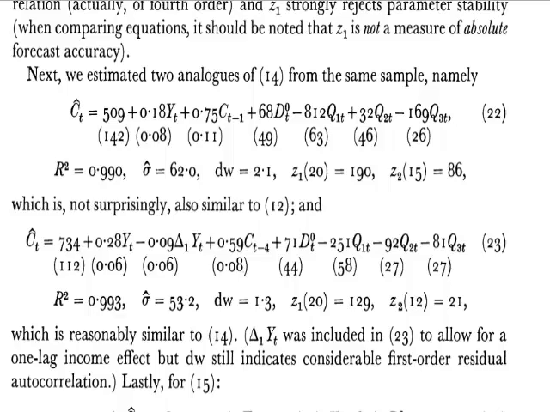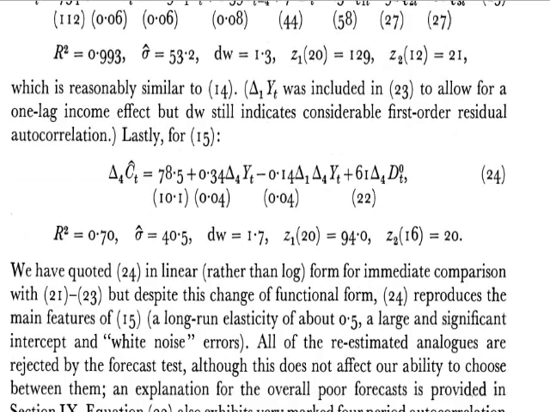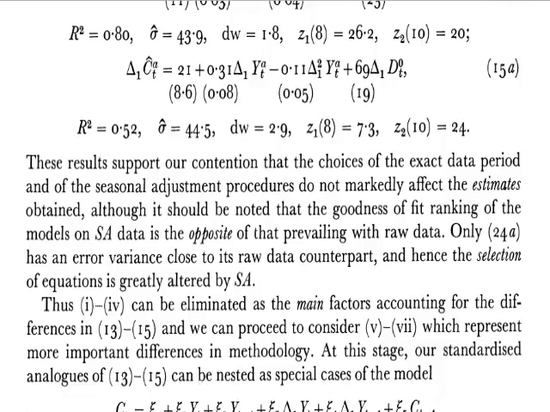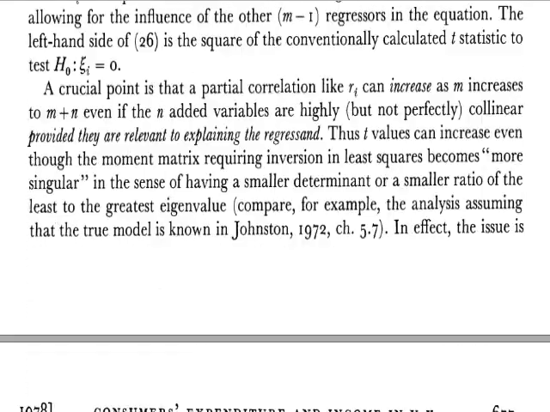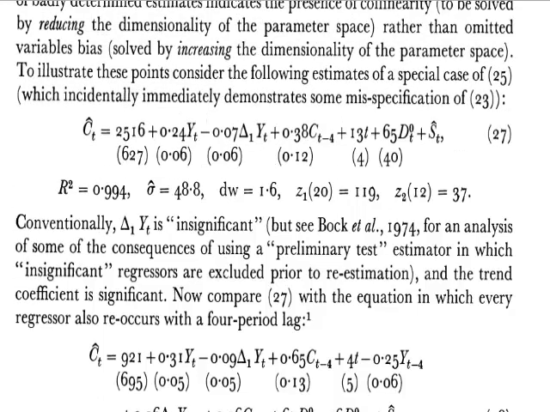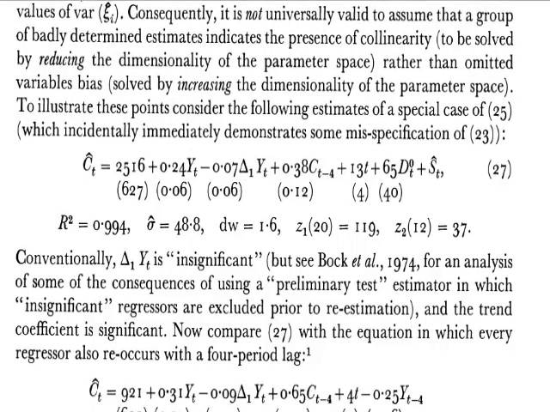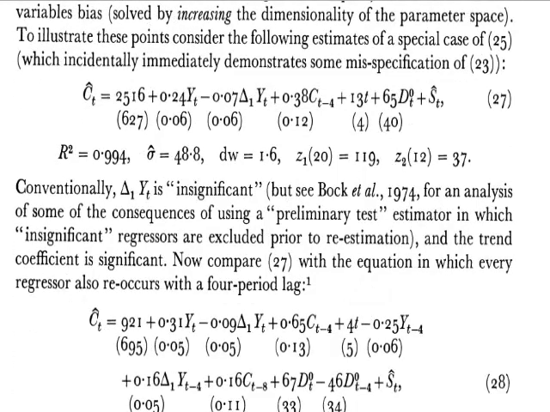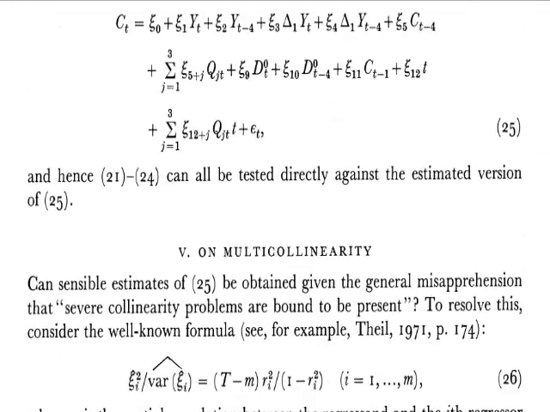This is 23. Now 27 is an analog of 23. It's a little bit different, and this is also an important remark here.